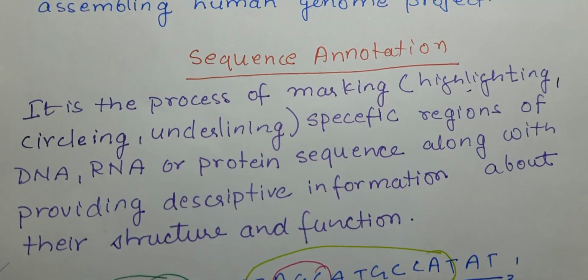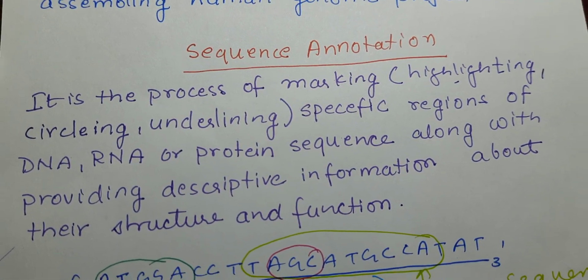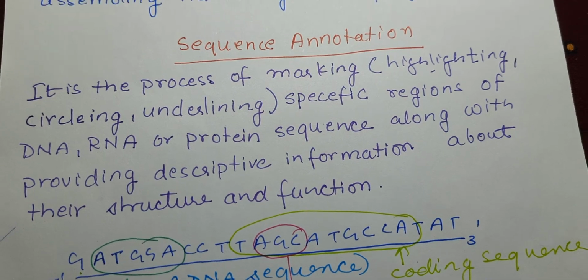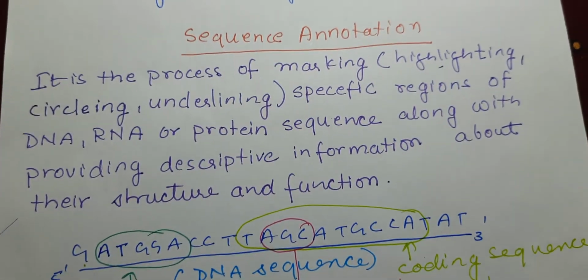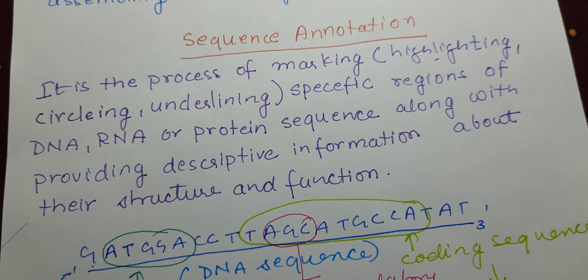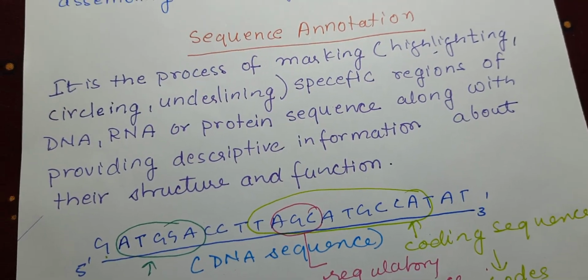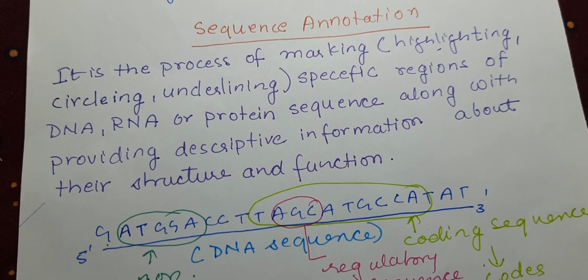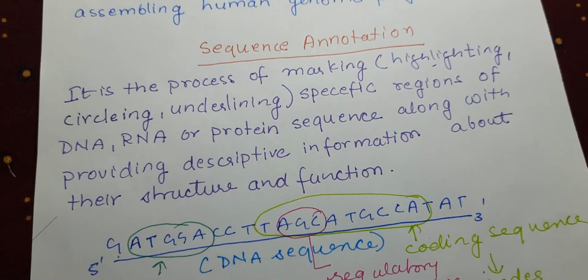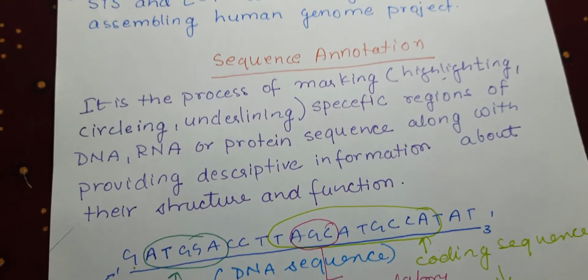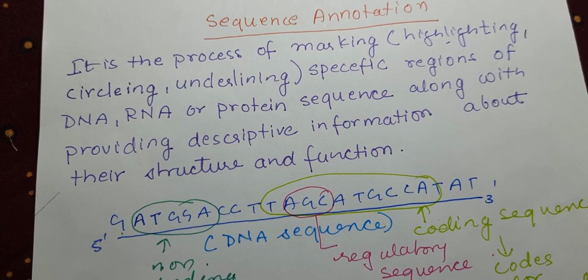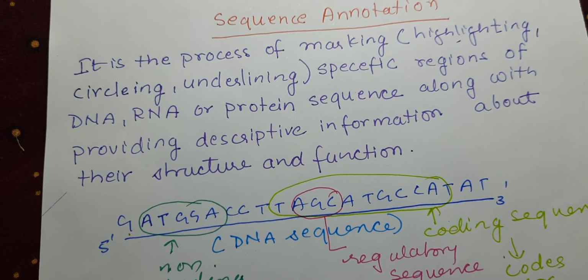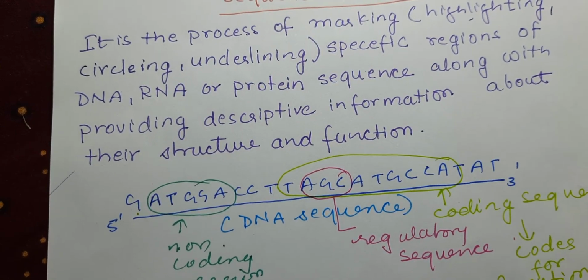Now, there is another term called sequence annotation. It is the process of marking, meaning highlighting, underlining, or circling a specific region of a DNA, RNA, or protein sequence, along with providing descriptive information about its structure and function. So if you know a particular DNA sequence, you mark those areas: this particular region is coding for this, and that region is coding for that.